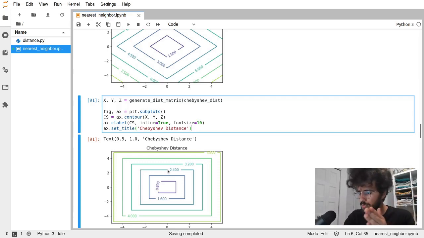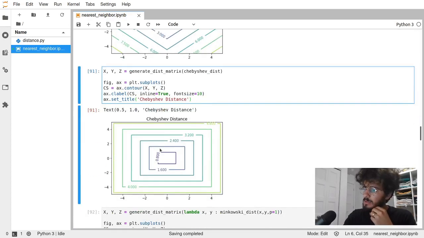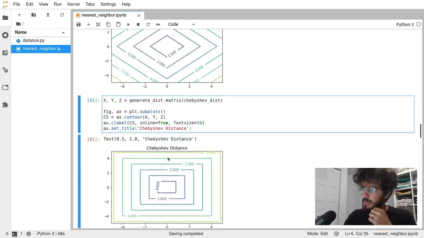If we're at 2.4 over here and 0 on the x-axis, that will still be 2.4. So it's actually a square matrix around the origin. Here it's more of a lozenge. So those two are related, but just think about the maximum.